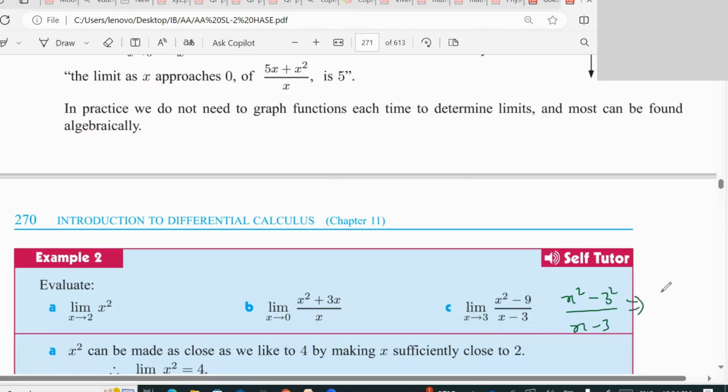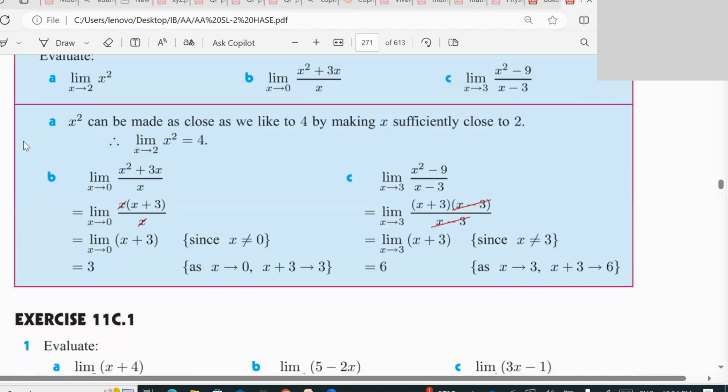This can be written as (x plus 3) into (x minus 3), correct? Whole upon x minus 3. So x minus 3 can be cancelled like this, and you will get x plus 3 as the final value. The moment you put x equals 3 into that, it will give you 6.